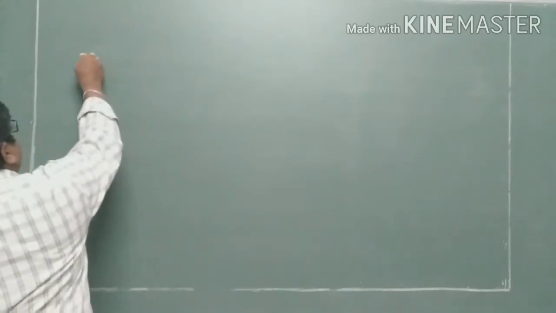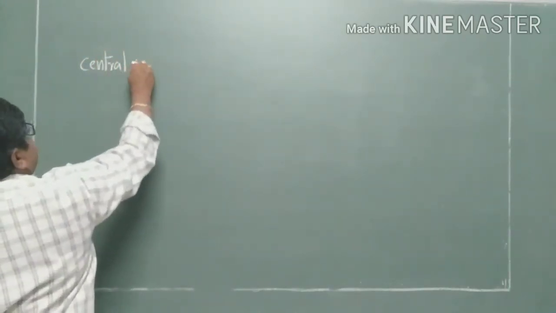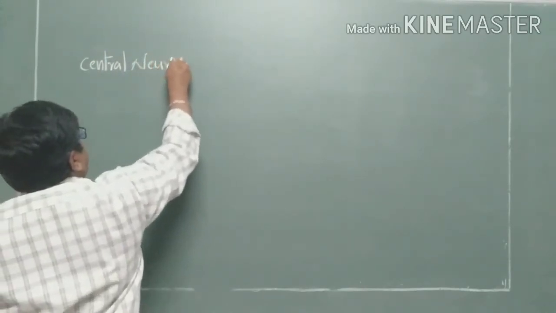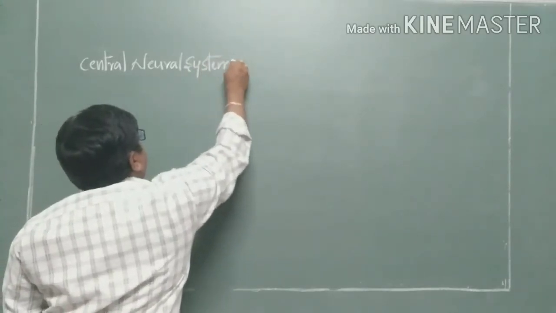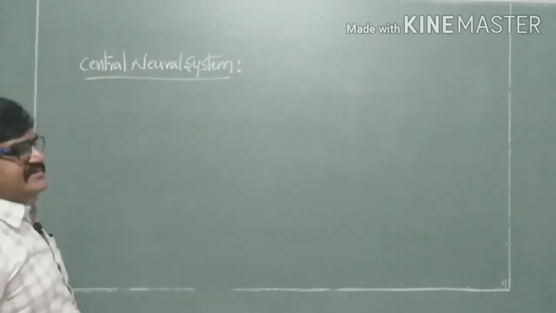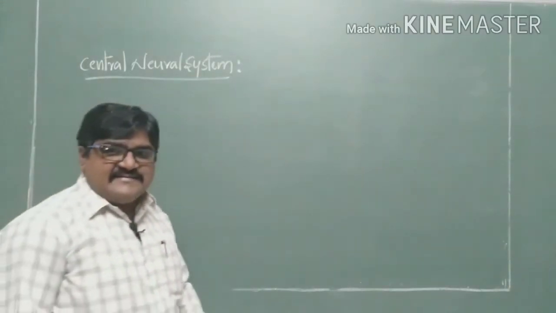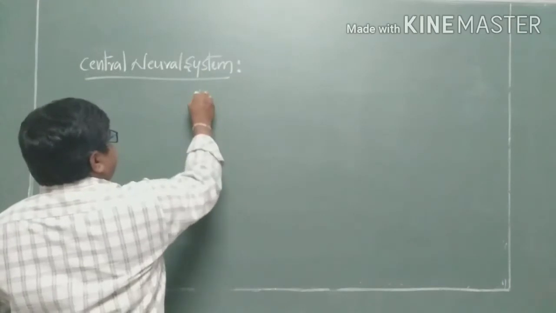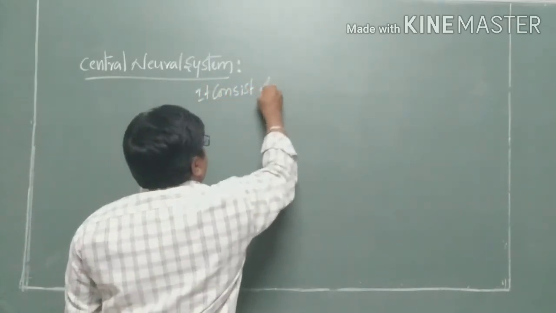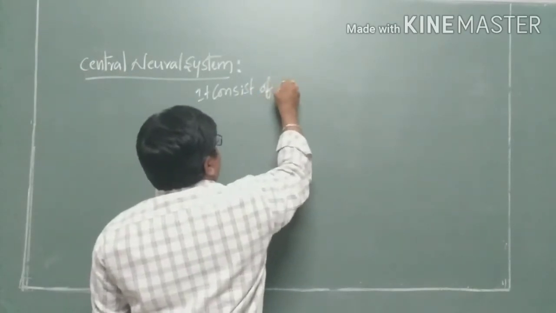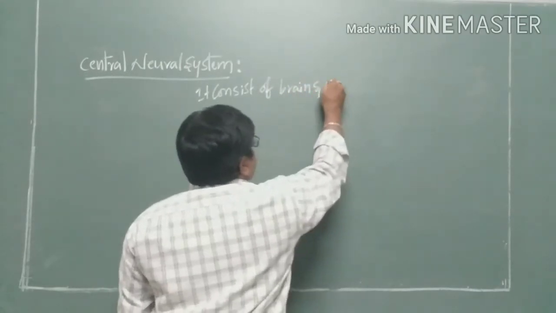Here in the central neural system, or central nervous system, it consists of the brain and the spinal cord.